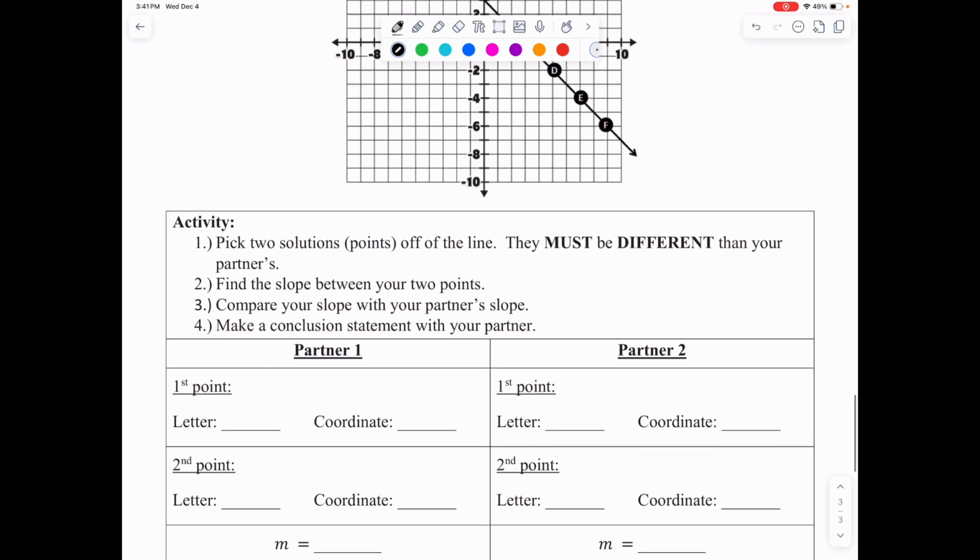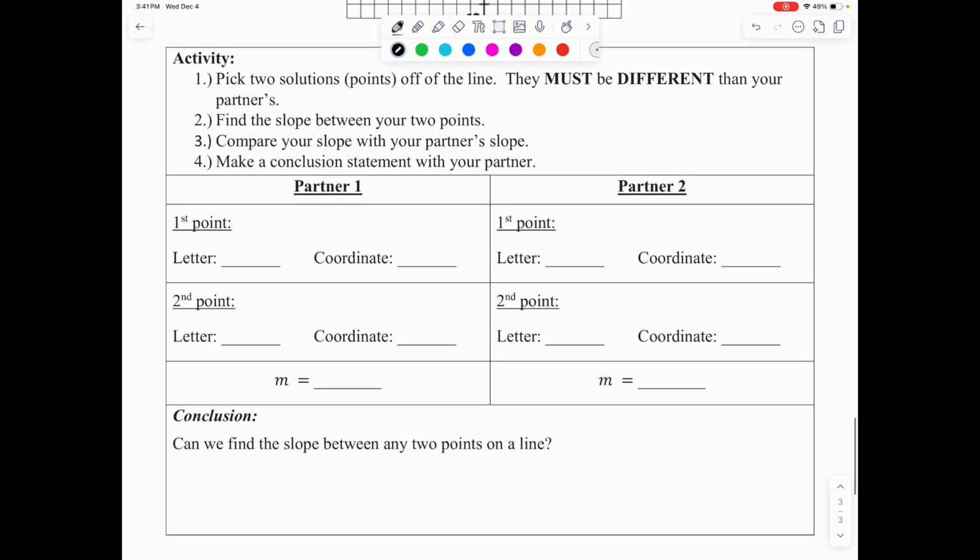So if you're watching this alone, you're going to pause the video and pick 2 points and follow the directions just as partner 1. If you are listening to this in class with a substitute teacher, just make sure you pick different points than the partner sitting next to you, and the substitute teacher will prompt you through this activity. We are going to pick 2 solutions, which are points, off of this line.